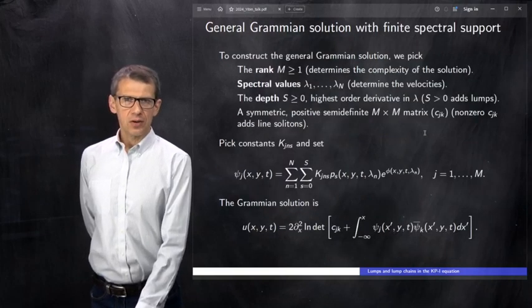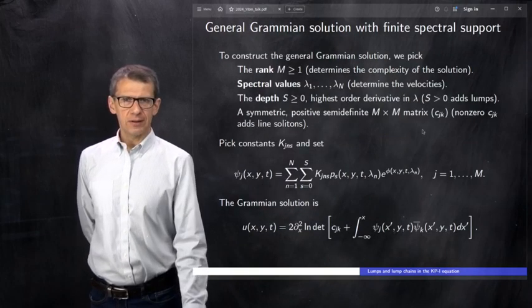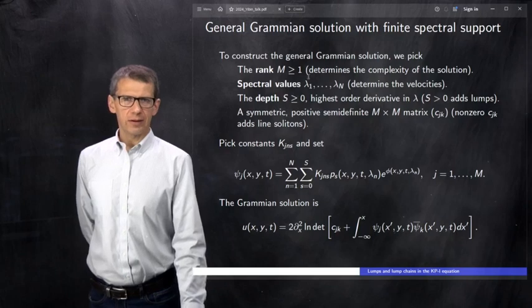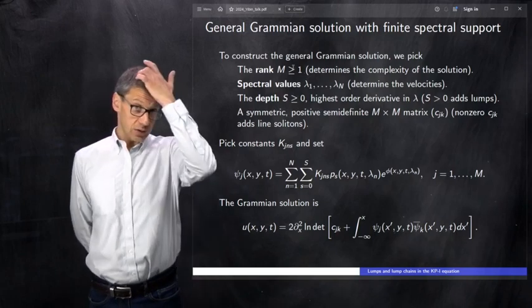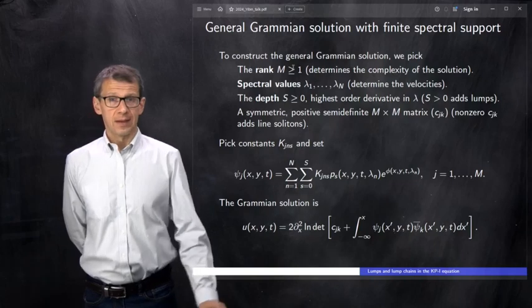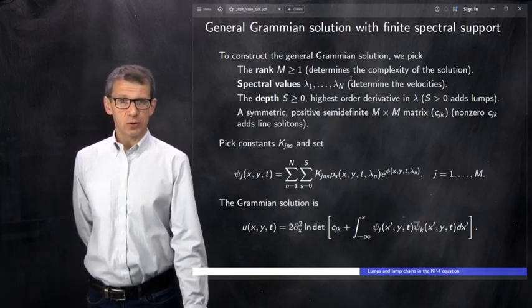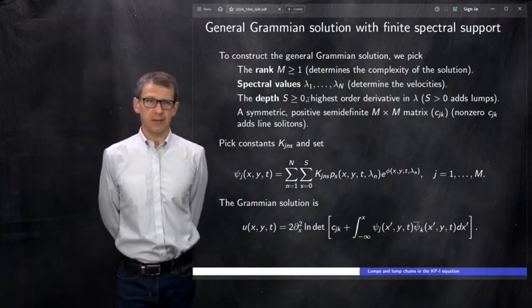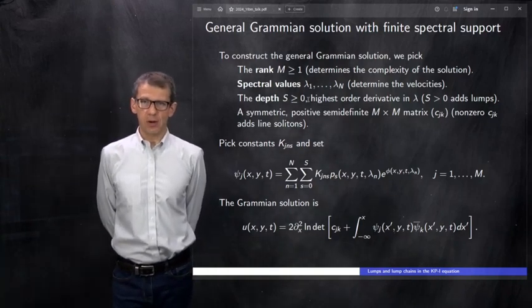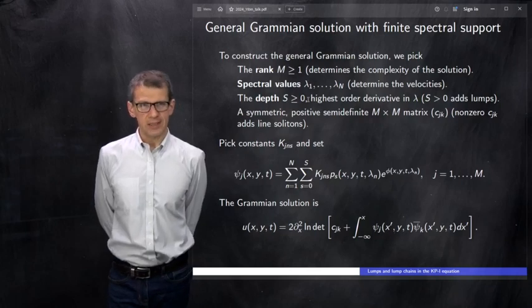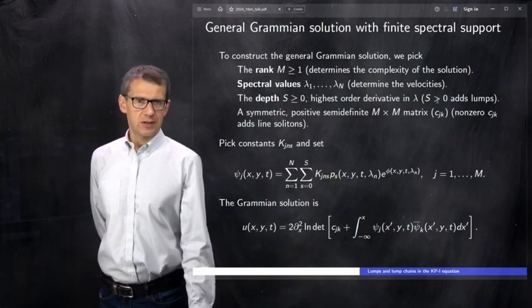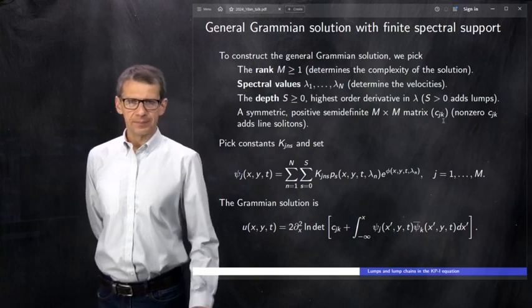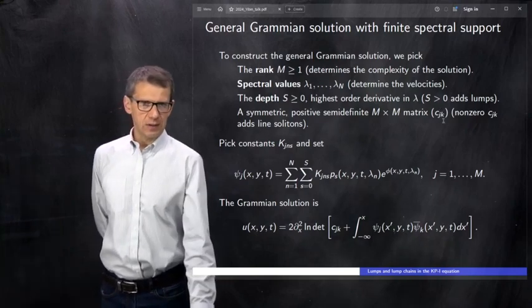Okay, so here's what I'm going to pick. I'm going to pick a few values. I'm going to pick what's called the rank. So this is going to determine the complexity of the solutions. I'm going to pick some spectral values, which determine the velocities. And I'm going to pick what I call depth, which is going to be the highest order derivative in lambda, where having positive depth involves having what are called lumps. So I'm going to talk about that in a second. And I pick a symmetric positive semi-definite matrix C_jk. And then I just put everything together.